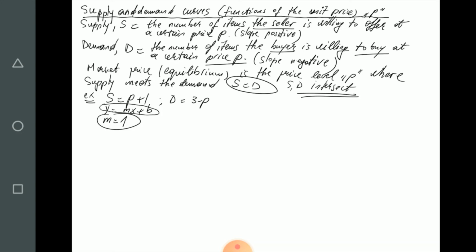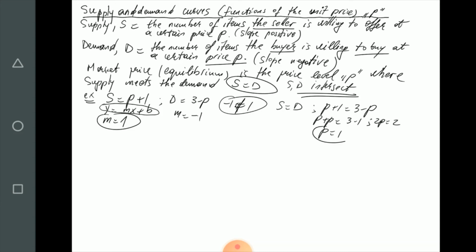And obviously here the slope in the demand line is minus 1, the coefficient of P. The two slopes are distinct, so there's going to be an intersection point between S and D. When you set S equal to D to find the market price, basically replace S and D with their respective equations and solve for P. In this case, we can add P on the left-hand side: 2P equals 2, P equals 1.